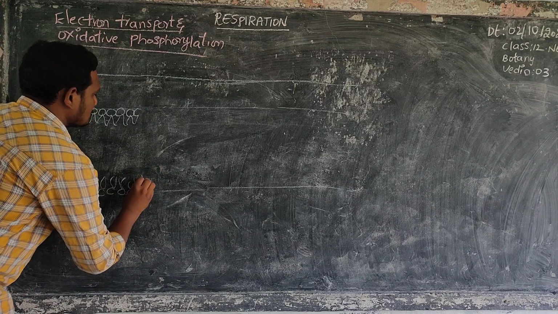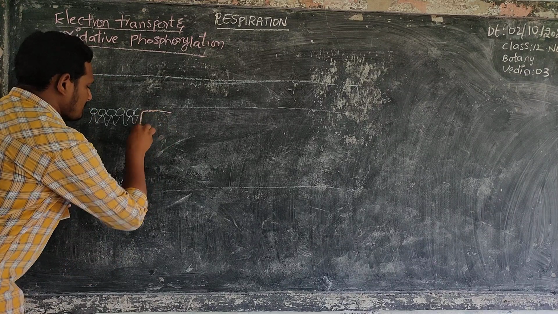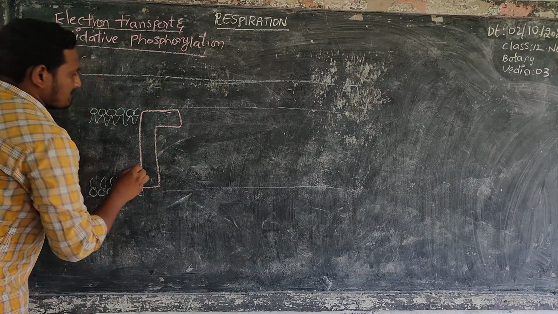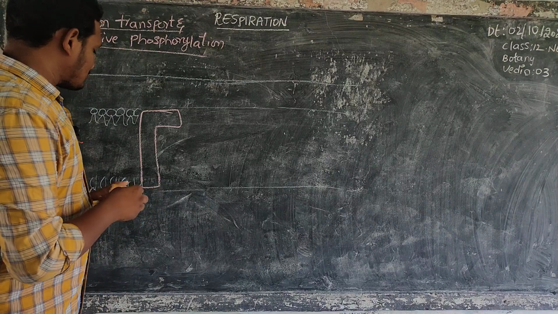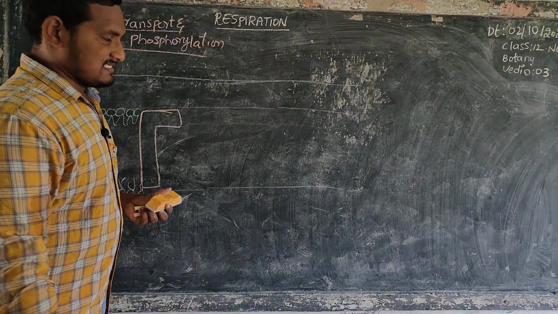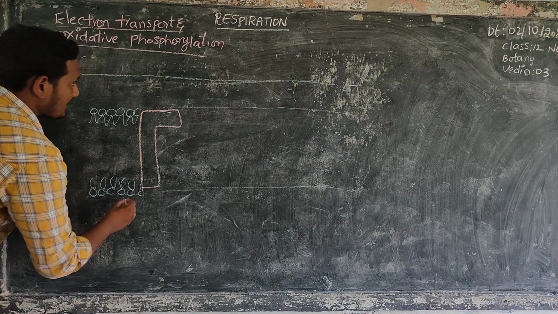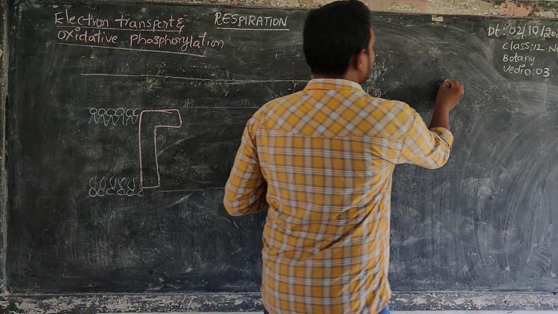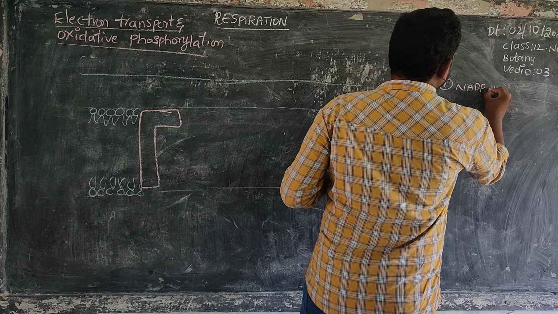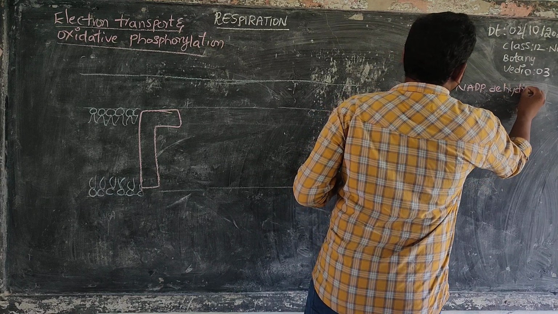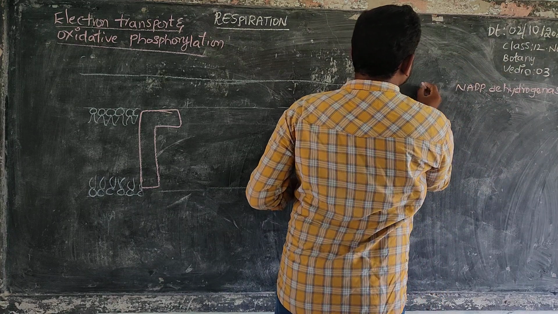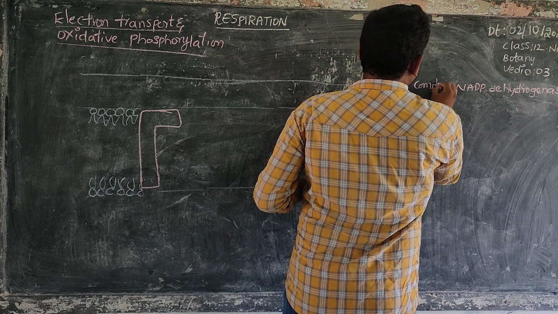System 1 is an L-shaped system. This L-shaped system is also called NADH dehydrogenase. The system, nothing but a complex.